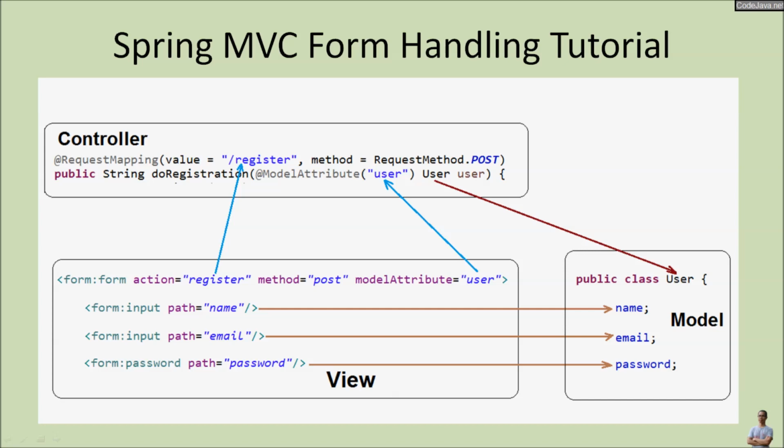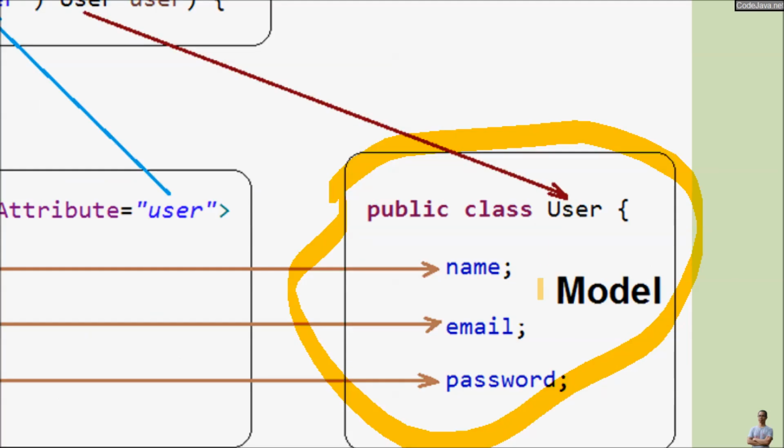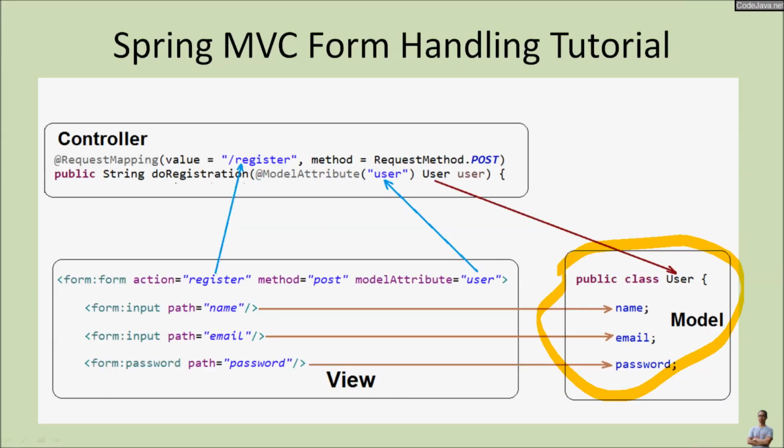Now let's understand how to code form handling with Spring MVC. You see we have the model class here that represents the information on the form. You can see the class user with fields name, email, password, and so on. And this is a view.